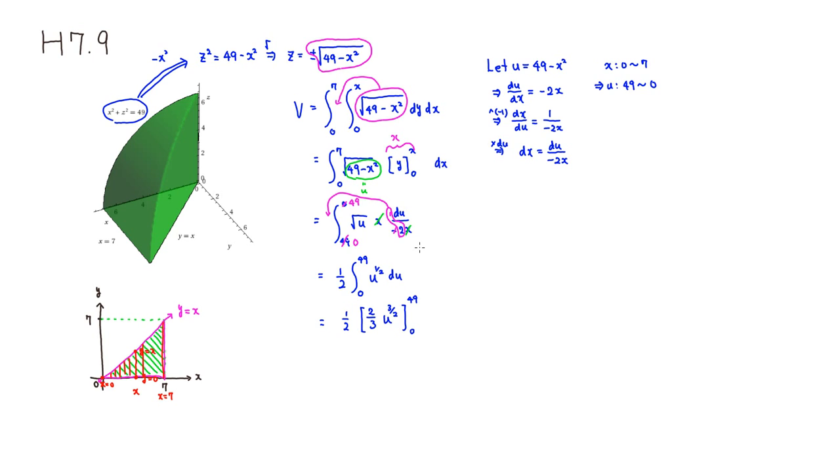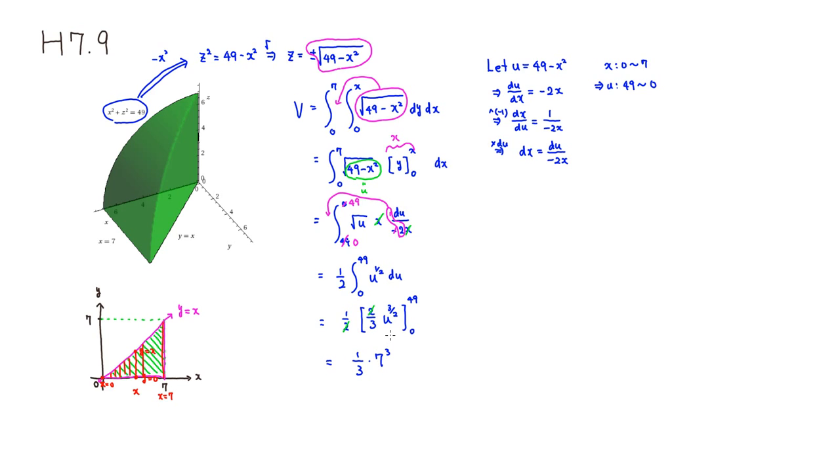We can cancel 2 and 2, and so 1/3 is just a number, so I'll pull it out. If you plug in 49, 49 to the 1/2 power is 7, because it's a square root, and 7 to the 3/2 power, so this is just 7 cubed.